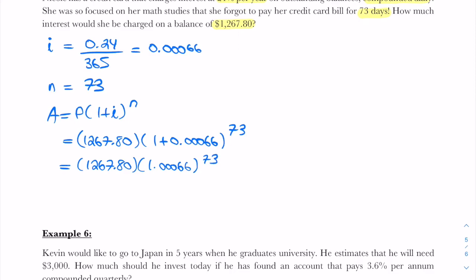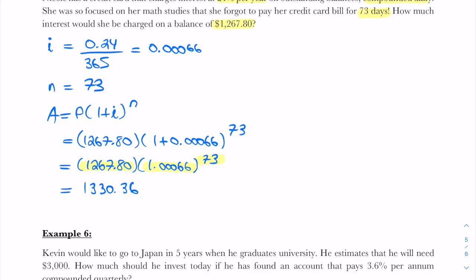And just to reiterate, you have to take your base of 1.00066, raise that to the exponent 73, and then whatever that number is, multiply by the principal of 1267.80. After doing so, you should get a final amount of $1,330.36.